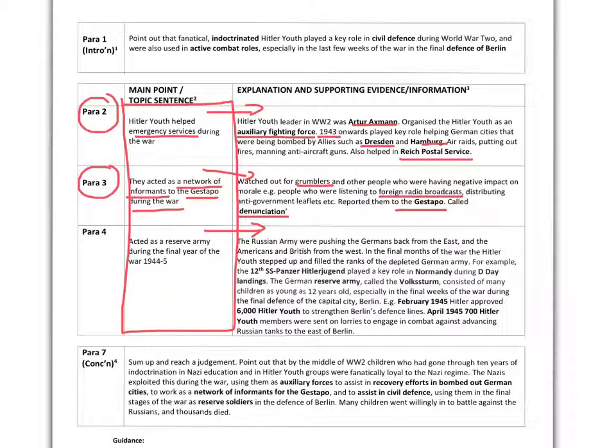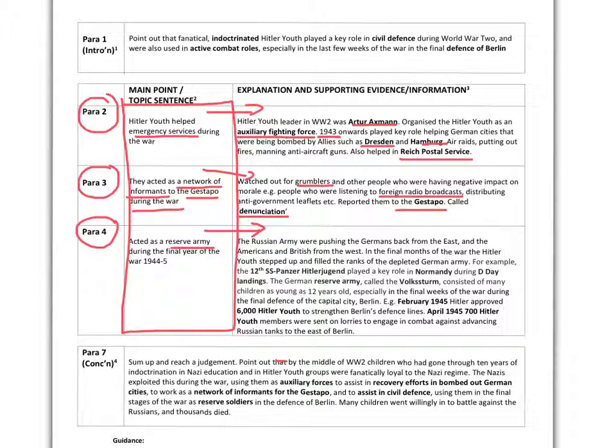So there's 2 points. The first, remember, is emergency services. The second point is informants. And then the third point, and probably the most substantial point, is that in the very final year of the war, they acted as a reserve army. Now, at this stage of the war, the Germans were in full retreat from all directions.